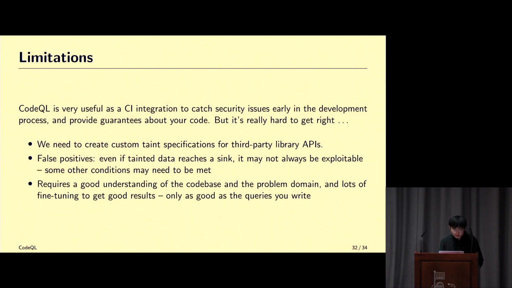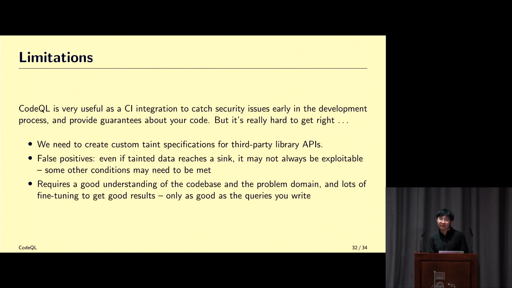Yeah, so there are some limitations with CodeQL. It's obviously a very nice tool, a very nice integration to catch security issues early in the development process, but it's really hard to get right. You need to create custom taint specifications for third-party library APIs, for instance, because CodeQL doesn't know about Next.js, and I had to write some very simple queries for it to pick up what we talked about earlier.